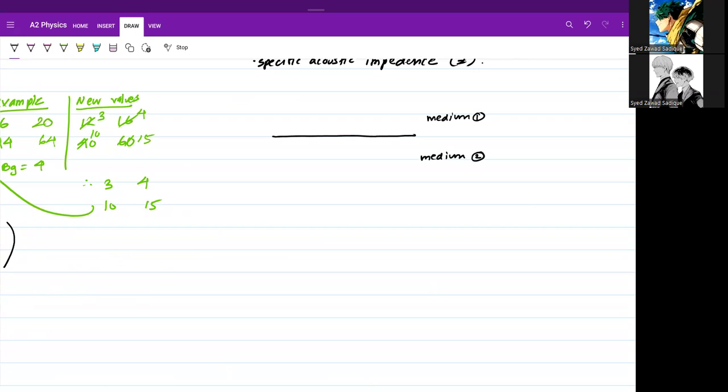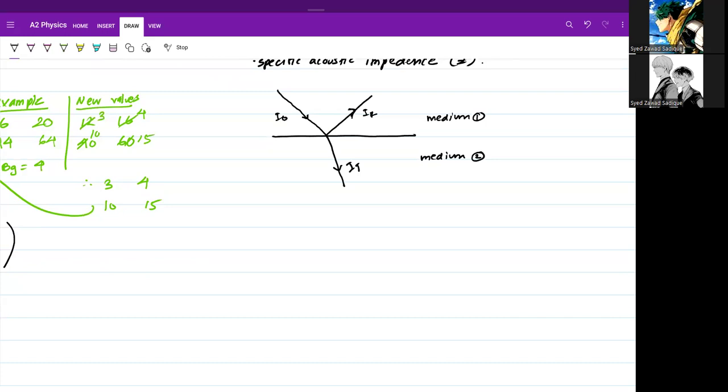There is incident intensity. Some of the intensity is reflected. So this is I naught, this is IR. And some of the intensity is transmitted into the new medium. Excuse me for my bad drawing, but you'll get the idea.